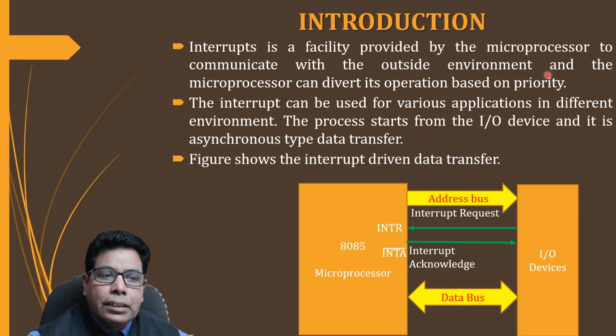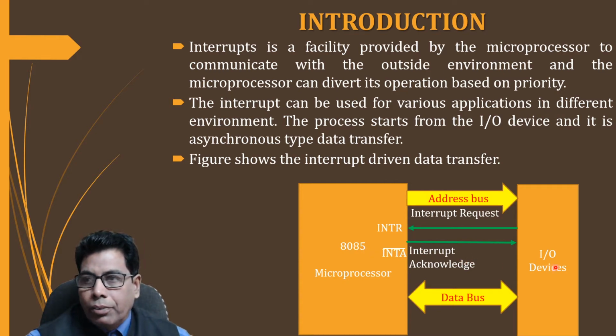See, here you can see in the figure, we have the 8085 microprocessor connected with the IO device, and the connection will have the address bus, and then these two signals: interrupt request, which will be coming from the IO device to the 8085 microprocessor on the line INTR, and then we have the interrupt acknowledgement signal INTA bar, which is active low, so that will go from the 8085 to the IO device.